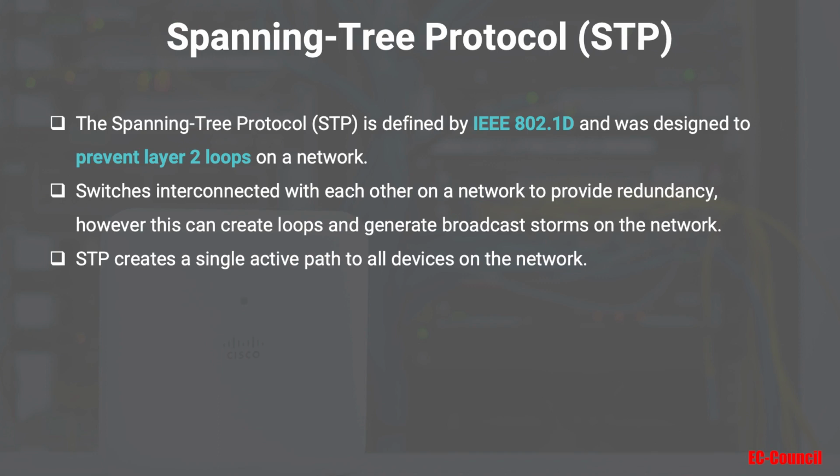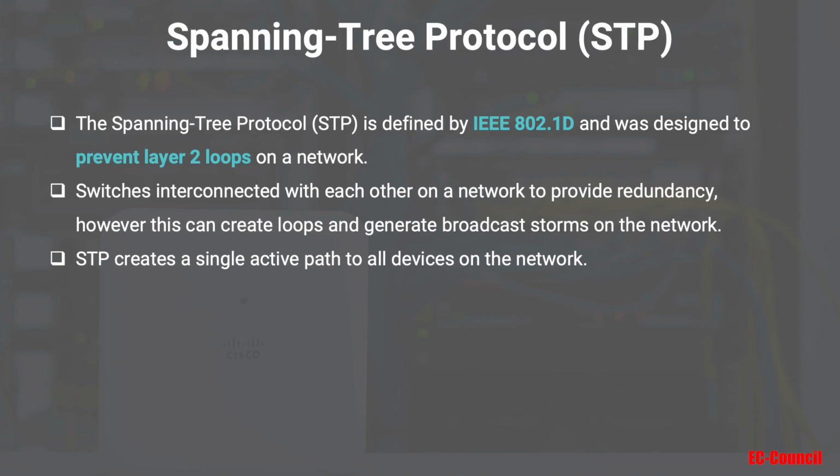So far, we are accustomed to having multiple switches interconnected with each other on a network to provide redundancy. Being a network engineer, redundancy is very important. However, redundancy can also lead to bad things happening, such as creating loops and even generating broadcast storms on a network.